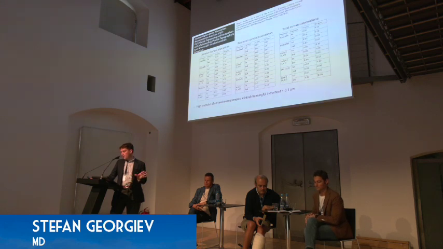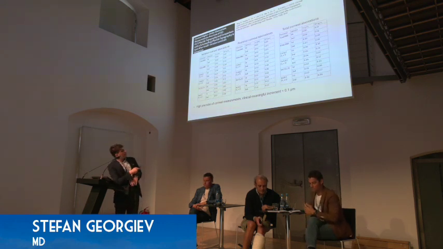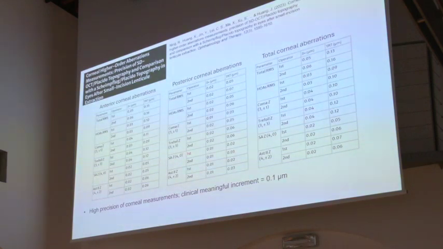The precision when it comes to corneal aberrations has already been published for the MS-39. I know this is a boring topic, but basically what I want to point out is that usually a 0.1 micron increment is considered to be clinically significant, and the within-subject standard deviation is always below that, although the test-retest repeatability is slightly higher.